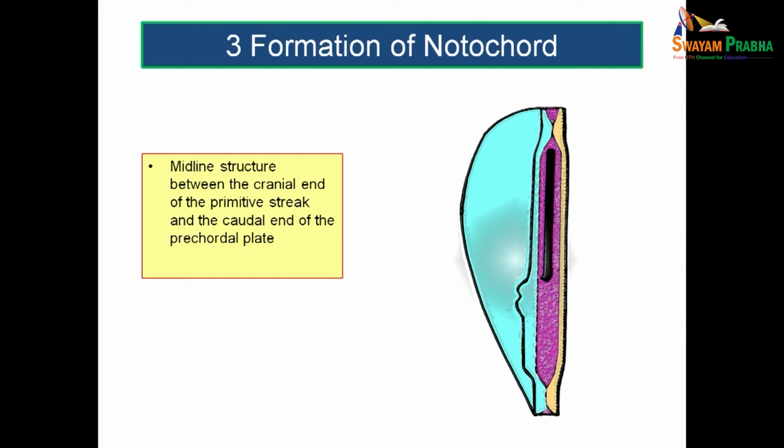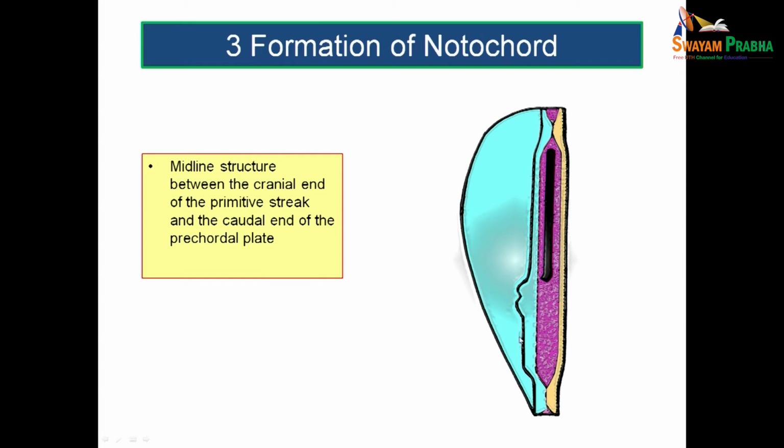Now let's see the formation of the notochord. The midline structure between the cranial end of the primitive streak and the caudal end of the precaudal plate is what is meant by notochord. If you take a section of the disc, this is the ectodermal layer and this is the endodermal layer, and if you look at the mesodermal layer, you can see a rod-like extension in the middle along the midline.